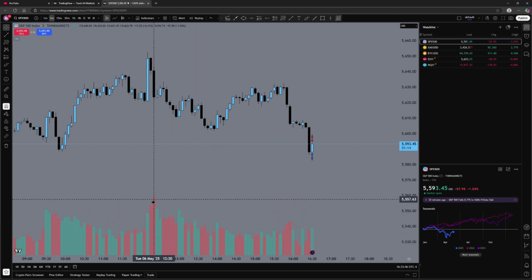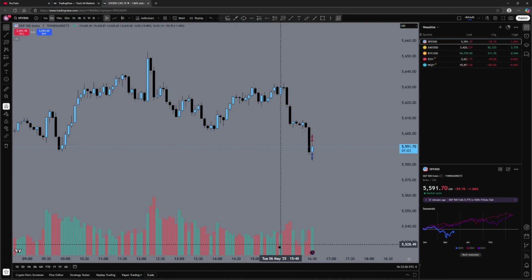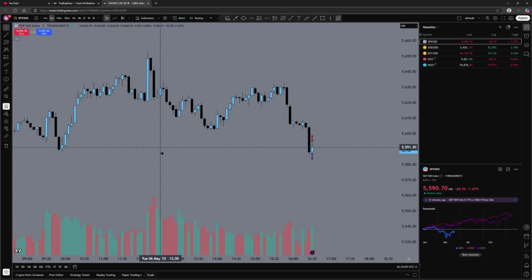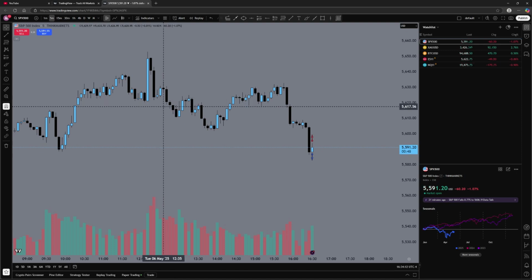So see, it's big, a lot of volume, little volume. Big red, a lot of what? Bear volume. Look at the candle, bear volume. Little green, a lot of what? A lot of green volume. Look at this one, a lot of green volume, a little green candle, a blue candle, whatever, right?